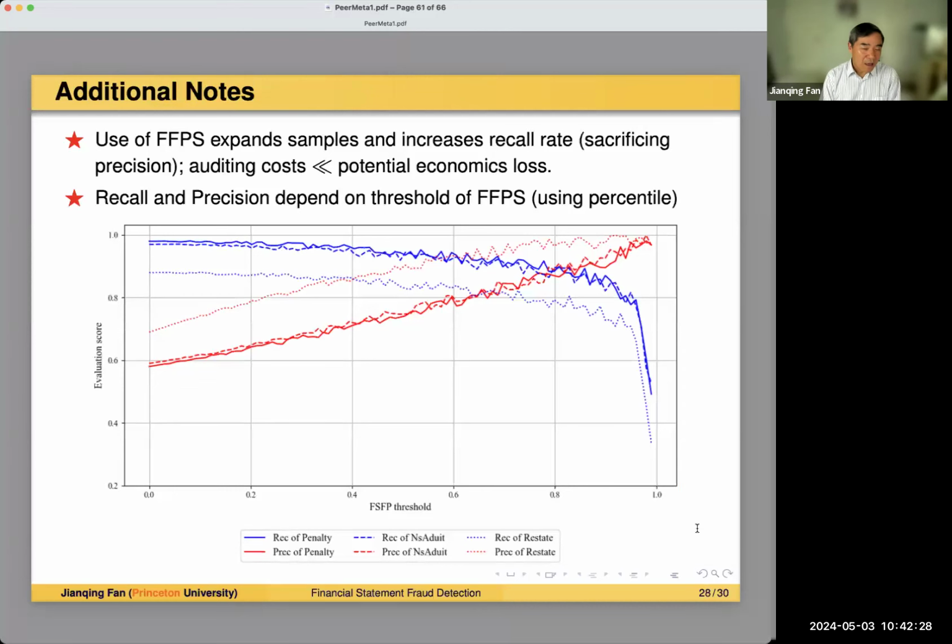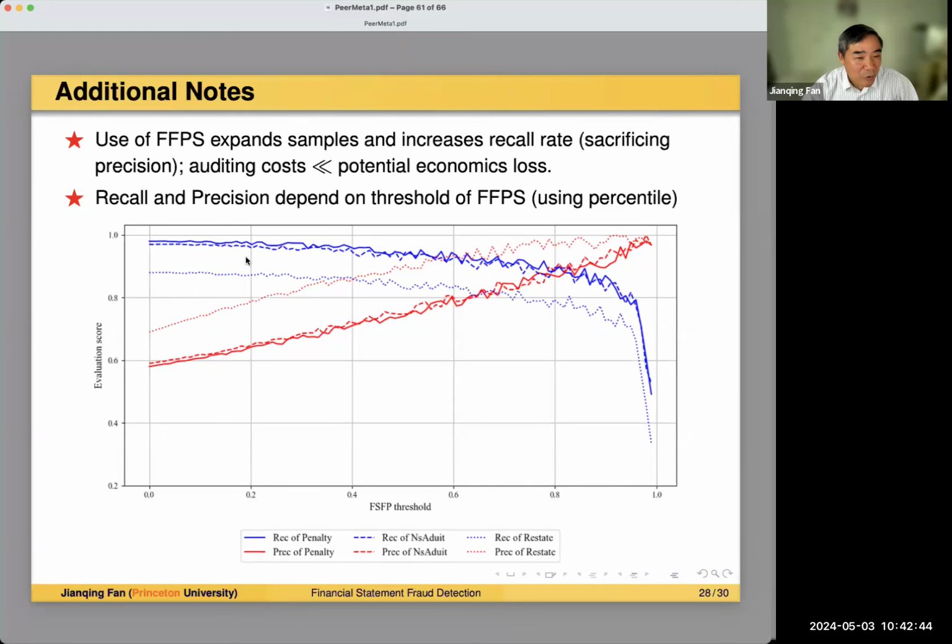Of course, the recall rate and accuracy all depend on the threshold. Currently, we set 0 as the threshold.